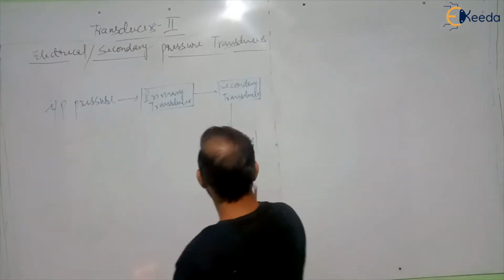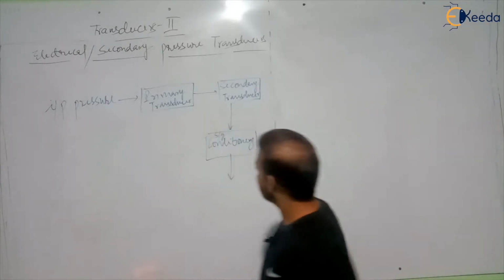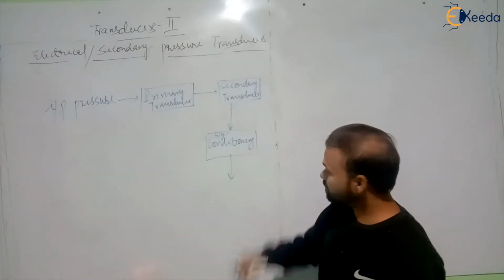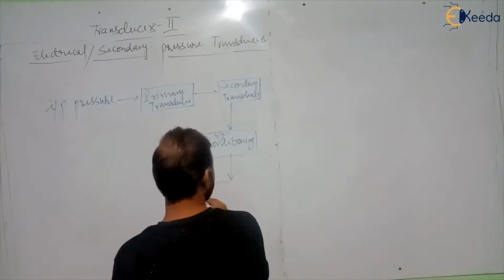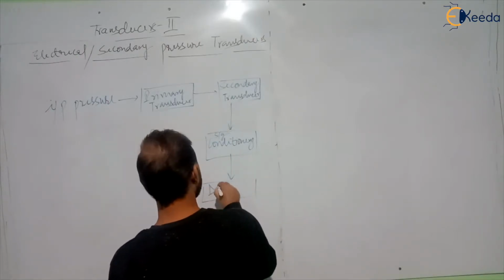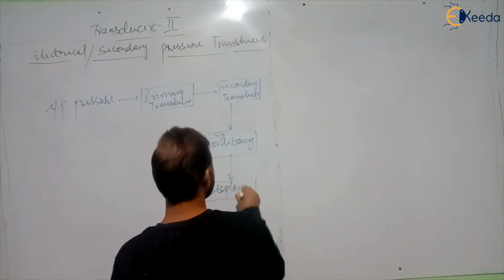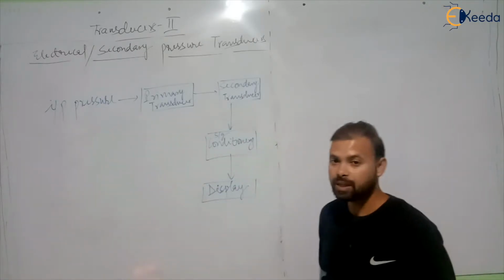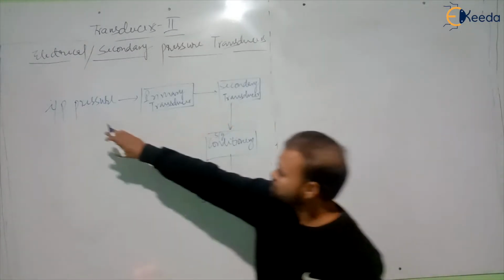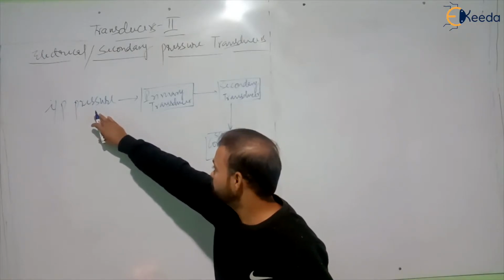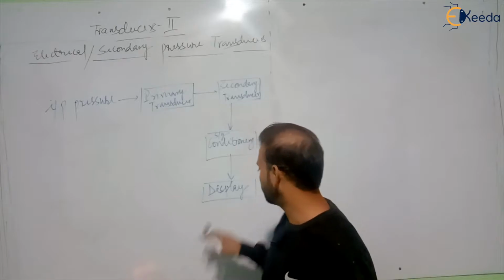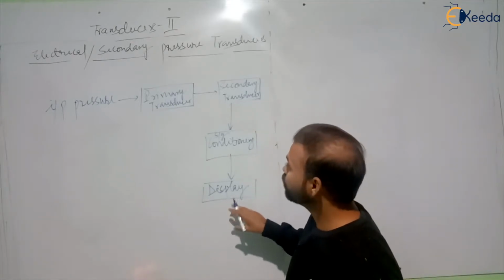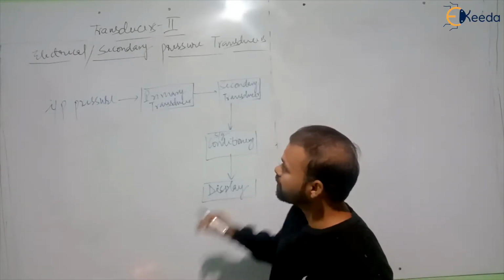Now transmit the output of the signal conditioning circuit, and at some other place you will display the results. So if this process is at 1 kilometer distance, it will be shown in your control room's display. I hope my point is clear here.